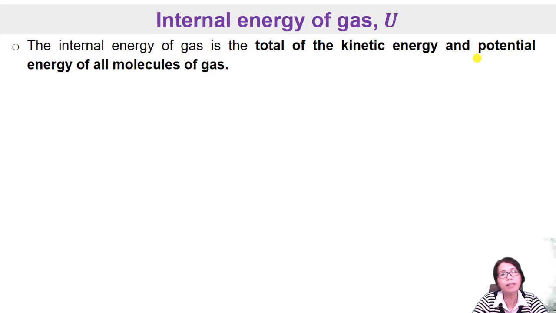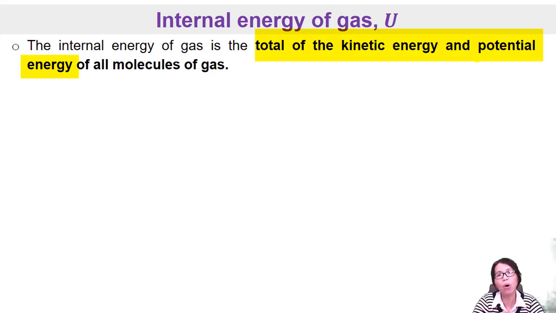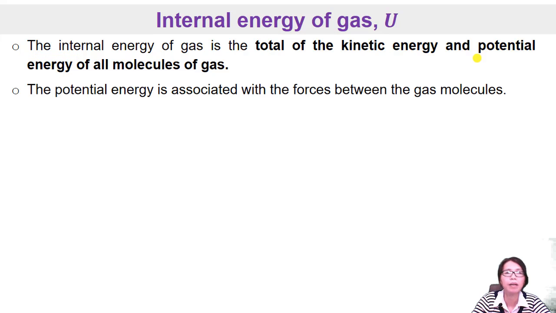So gas is in motion, so gas can have internal energy. Class, the internal energy of a gas is the total of the kinetic energy and the potential energy of all molecules of gases. Then the potential energy is associated with the forces that exist between the gas molecules.